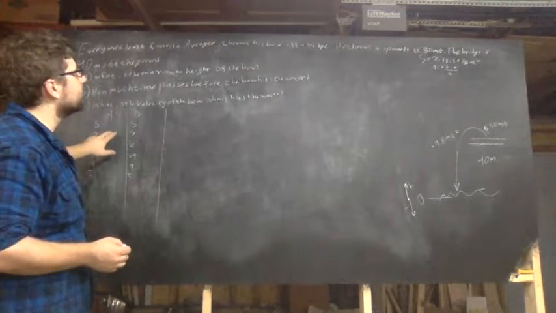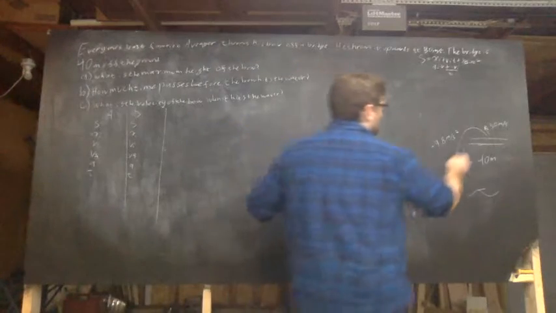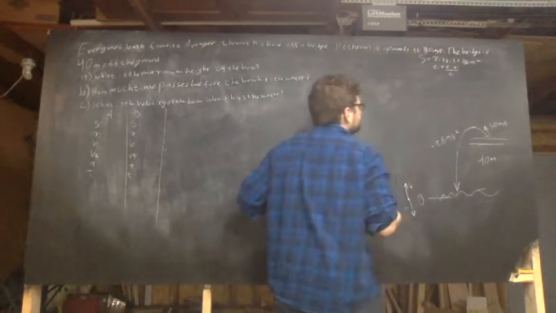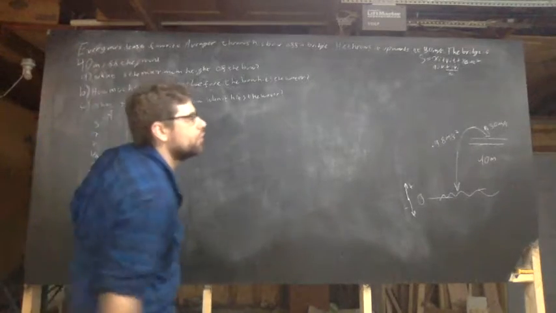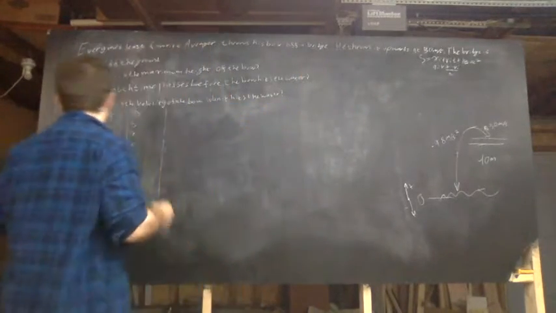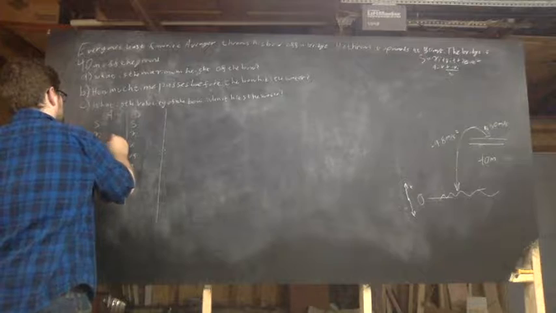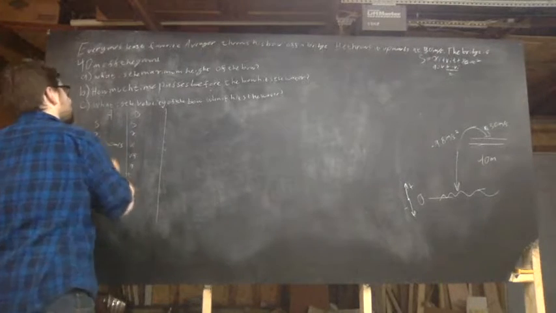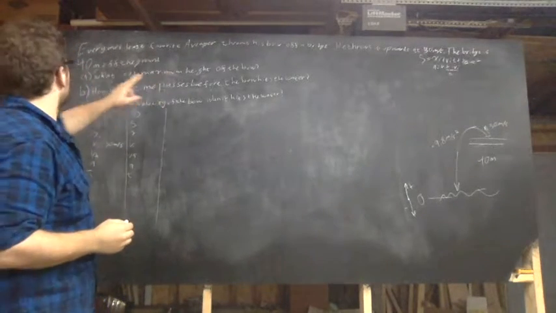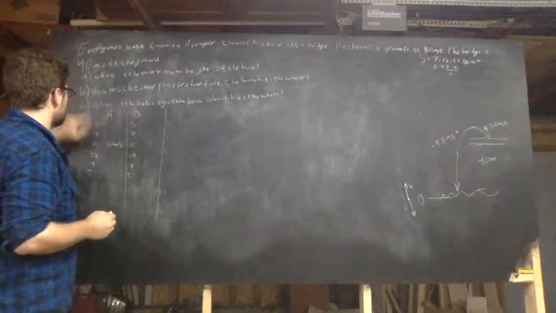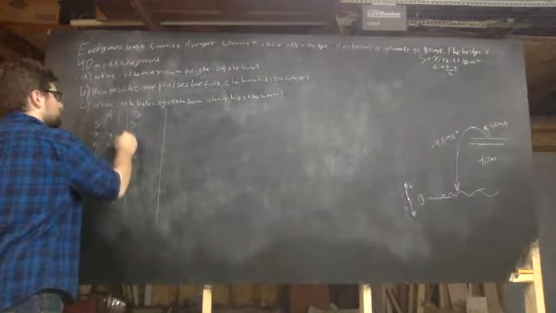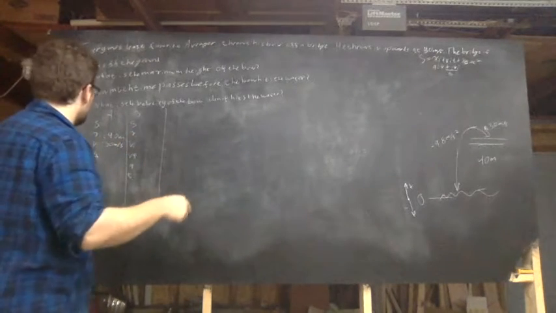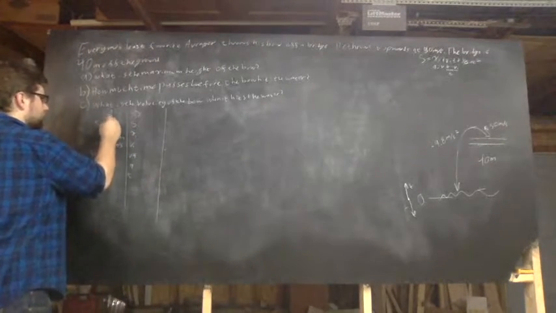So for part A, that's this part right here, here to here, we have an initial velocity of 30 meters per second. He throws it upwards at 30 meters per second. We have the bridge being 40 meters off the ground. That means our xi is going to be 40 meters because we set our water level as 0. Our s, we don't know.